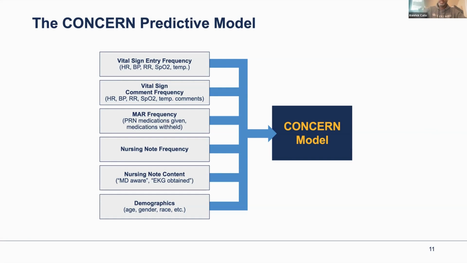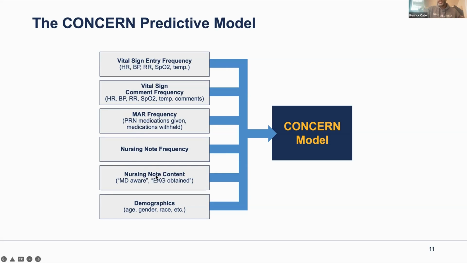These are the large buckets of features that we use in our modeling. We're looking at frequency of vital signs, frequency of comments that a nurse might optionally put in, frequency of medication administration, and note frequency.